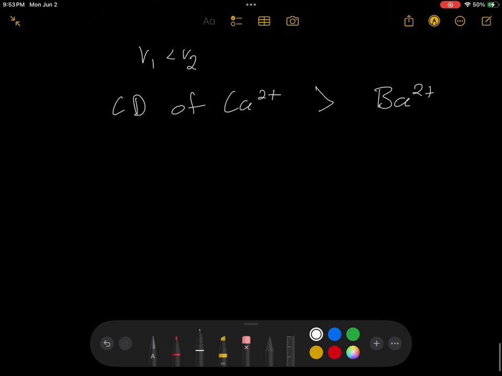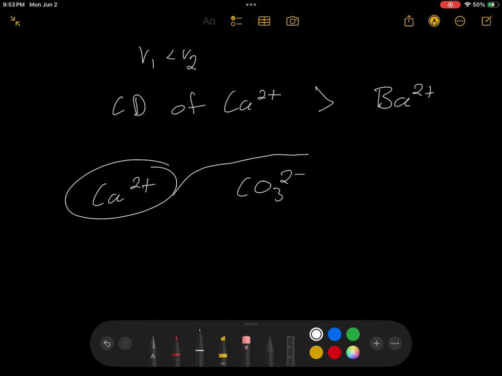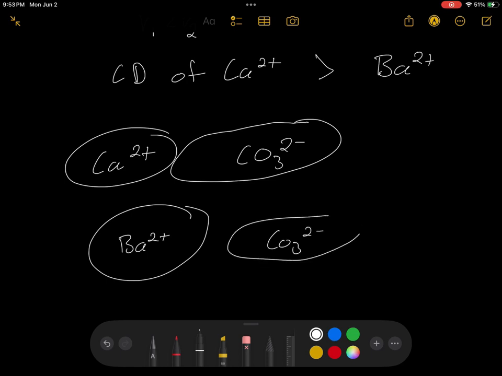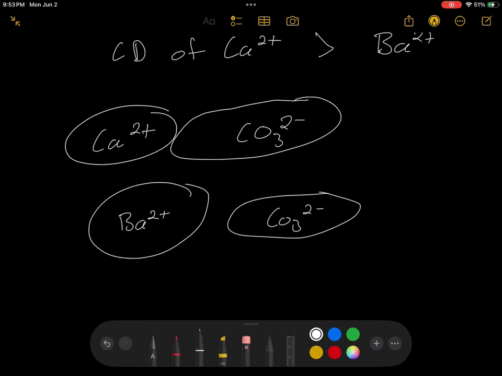So when it comes to ion polarization, calcium will distort the carbonate anion more than barium does. Right? And here's the thing. Greater distortion means, let me see how the book phrases it.